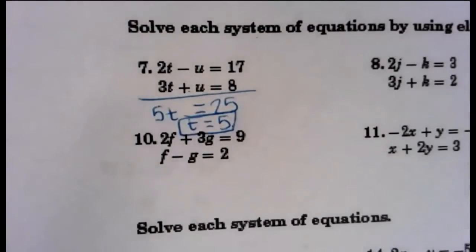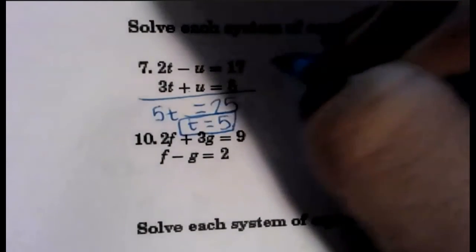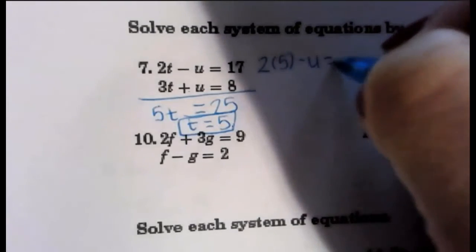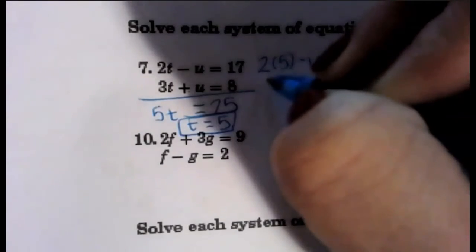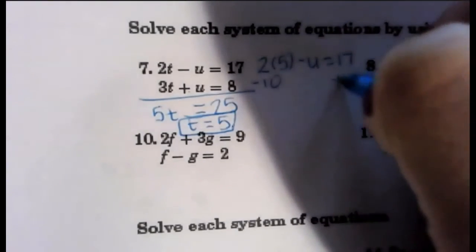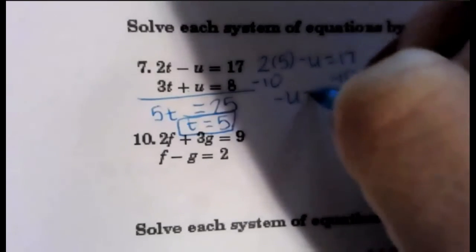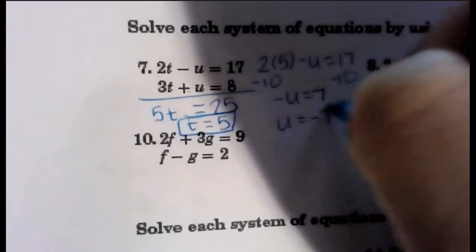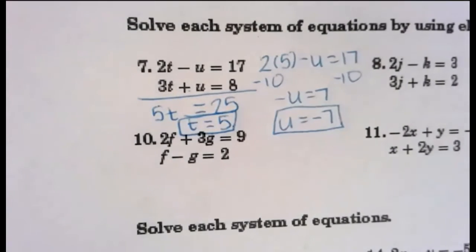And we get t equals 5. And then we have to plug that back in. So you get 2 times 5 minus u is 17. So subtract 10 from both sides. And we have negative u equals 7. So u is -7.